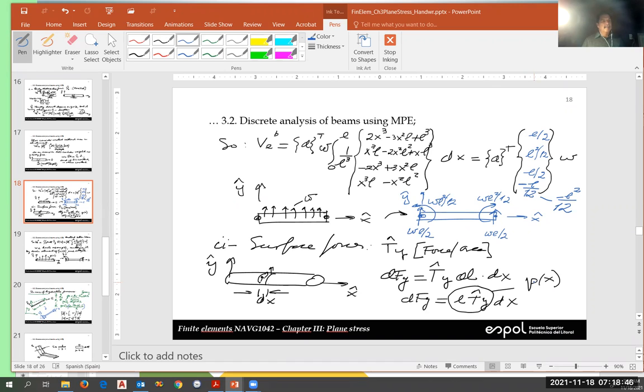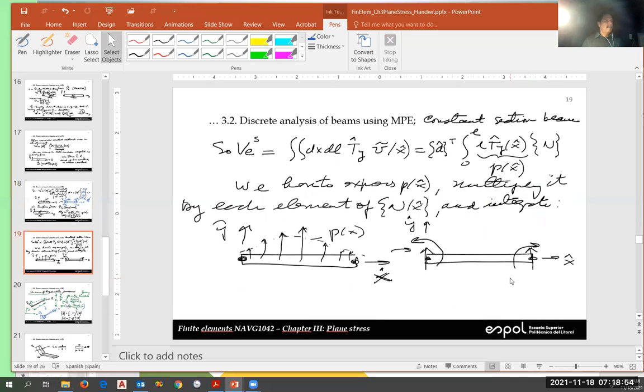This is little p, and this is due to the pressure on the surface of the element. And then we can proceed to multiply with this vector and then integrate in exactly the same way as we did before. We missed a dx here.